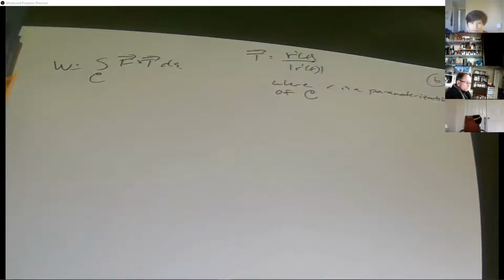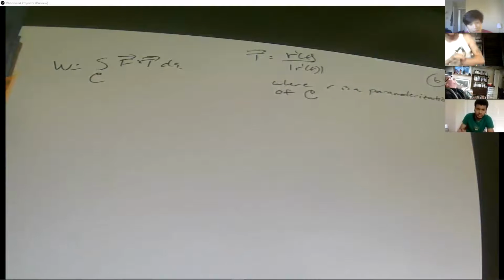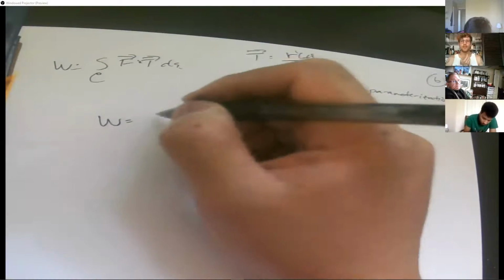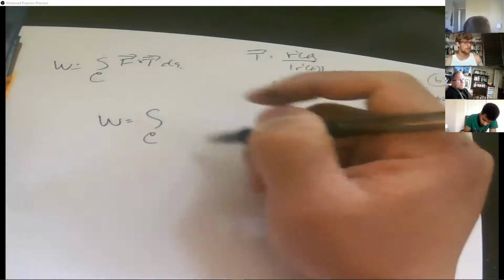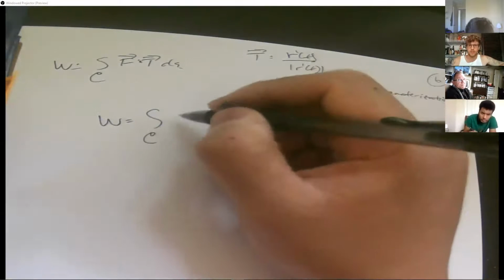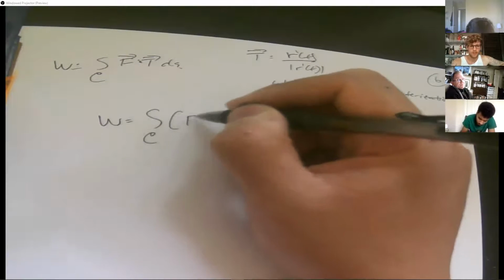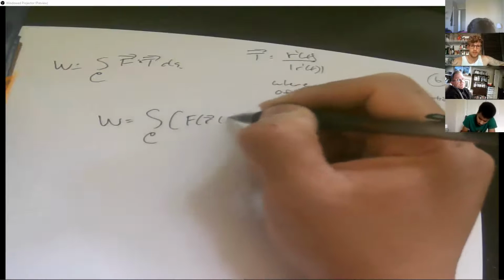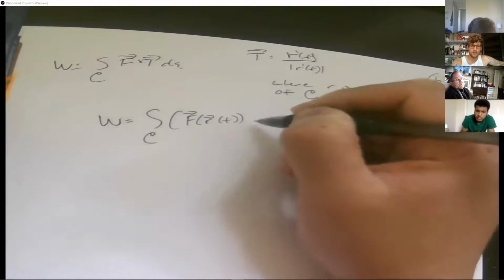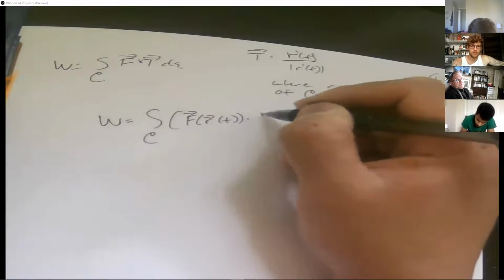So if we look back to our vector equation, we can make a substitution and say that W is the integral of F at r dot r prime over the length of r prime, and then I multiply by the length of the derivative.